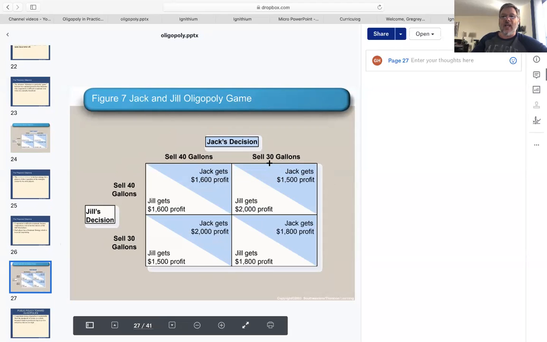So when Jack and Jill choose to sell the minimum amount, if we do the same analysis, as an industry the two of them get $3,600 worth of profit. And if they sell more as an industry, it drives the price down. That affects their profit. So they only get $3,200 worth of profit here.